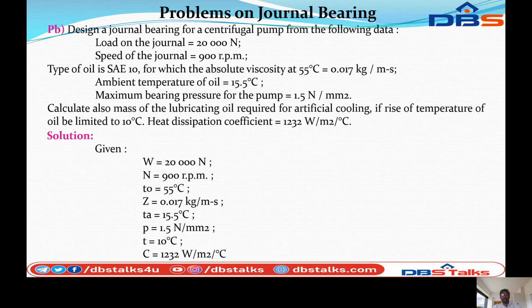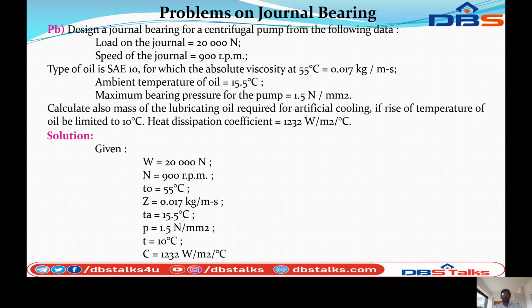Ambient temperature of oil is 15.5 degrees centigrade. Maximum bearing pressure for the pump is 1.5 Newton per mm square. Also calculate the mass of the lubricating oil required for artificial cooling, if the rise of temperature of the oil is limited to 10 degrees centigrade. Heat dissipation coefficient is 1232 watt per meter square per degree centigrade.